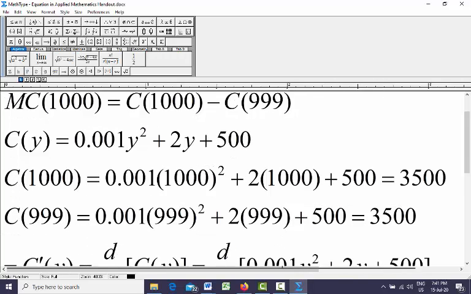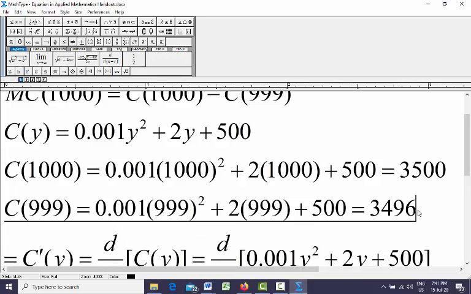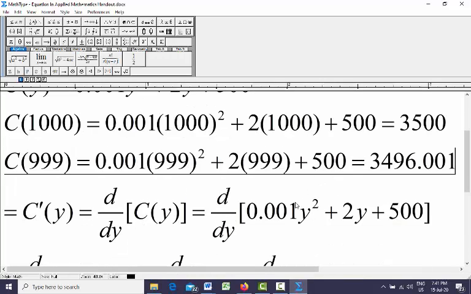Now let us calculate. 2 multiplied by 999, 500. So now we got 3496.001.